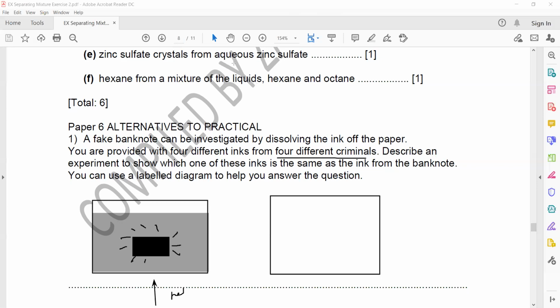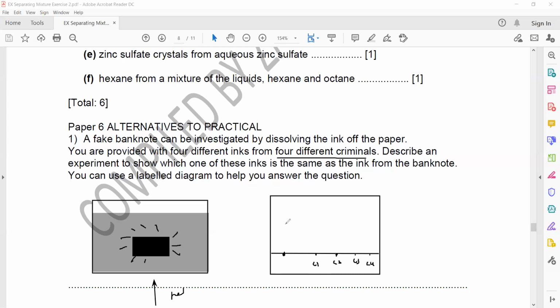On the chromatogram, you will place the sample, the extract. At one point you will place the extract, and then the different inks from the 4 criminals. C1, C2, C3 and C4 are inks from 4 different criminals.